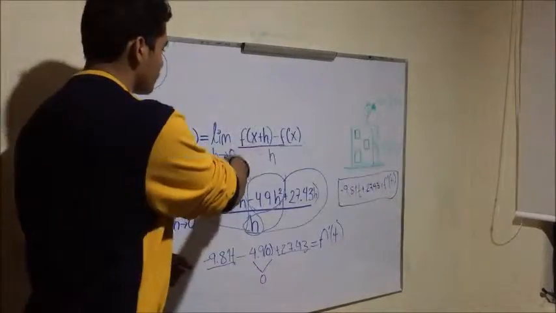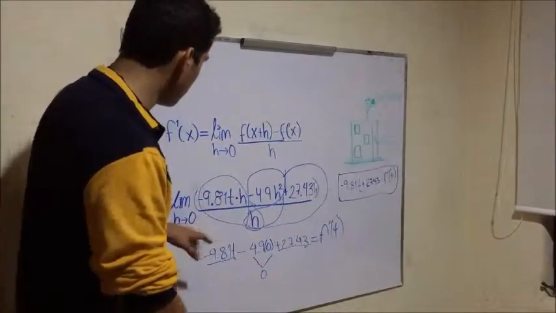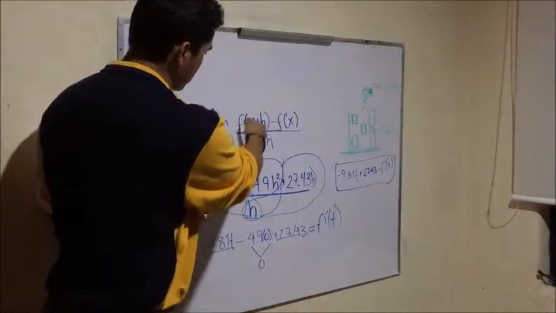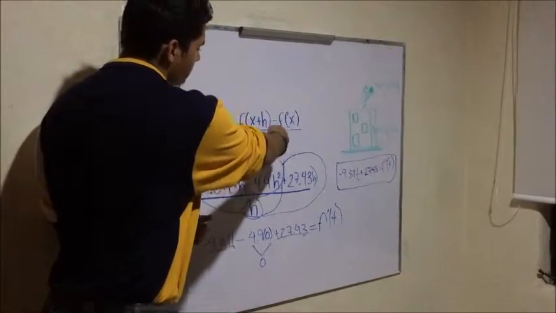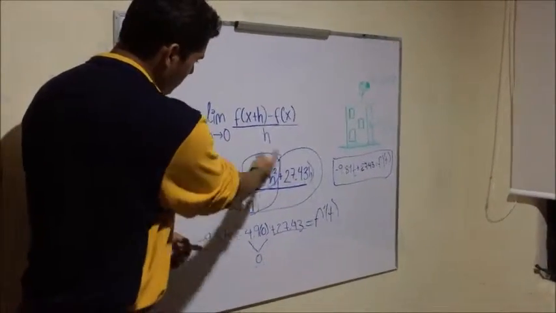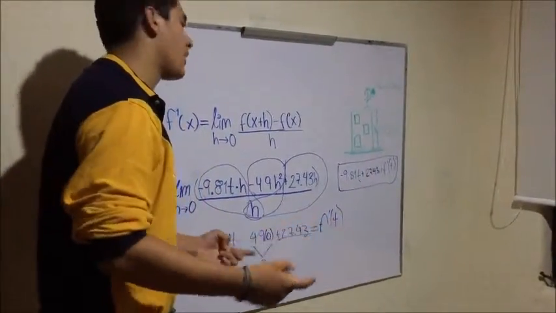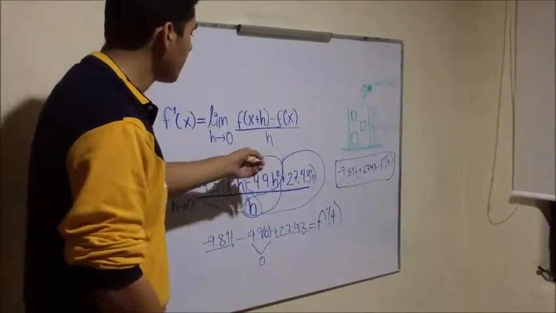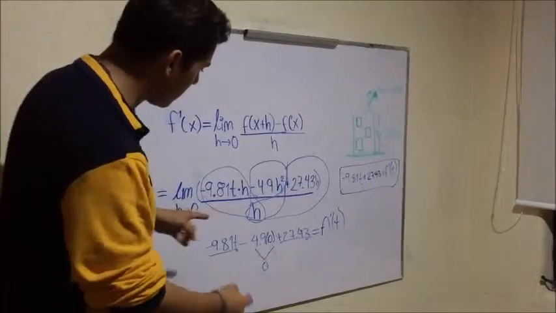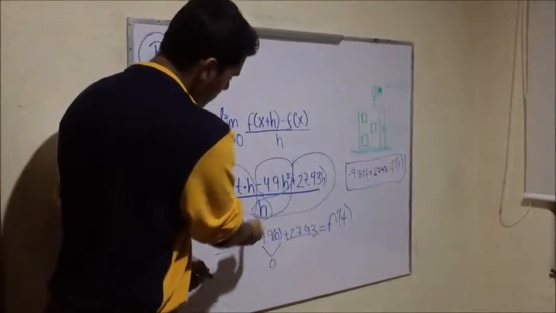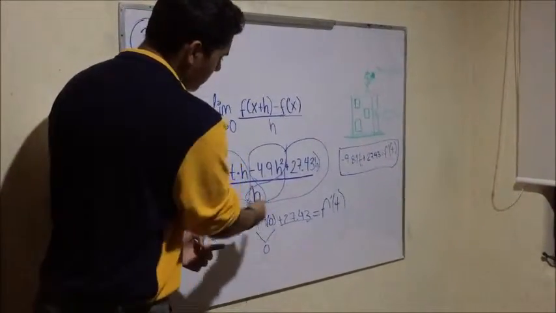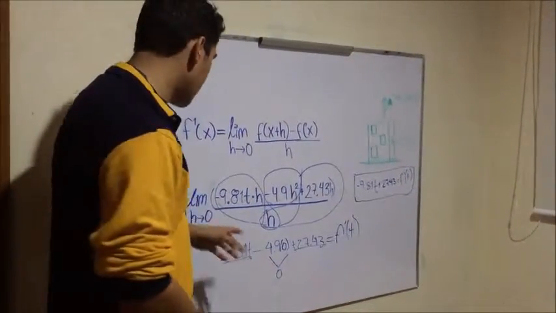So after all the procedure that we did, we obtained the result, which is f of x plus h minus f of x all over h, and this is the equation. Then after substituting and doing all the necessary operations, we need this over h, but if we substitute h is 0, so the whole equation is going to be 0.